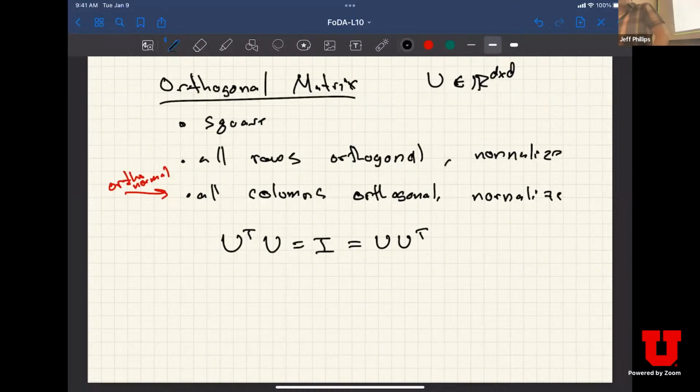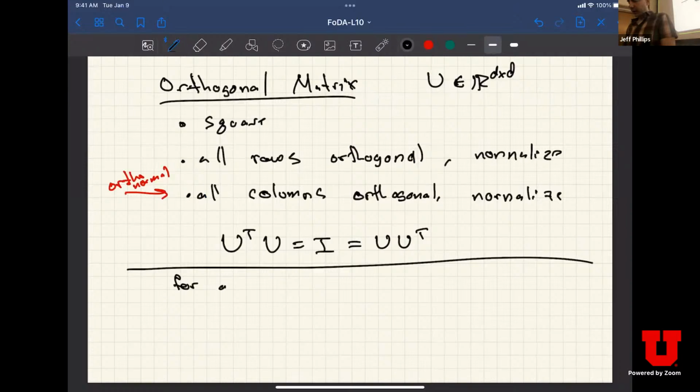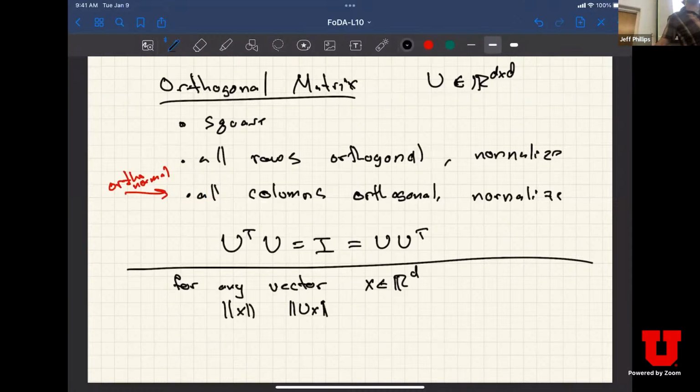Yeah. All right. One of the really nice properties of orthogonal matrices is that for any vector x in R d, if I look at the norm of x and compare it to the norm of U times x, where U is the d by d matrix, multiplying x by this d by d matrix gives me back a d-dimensional vector again.